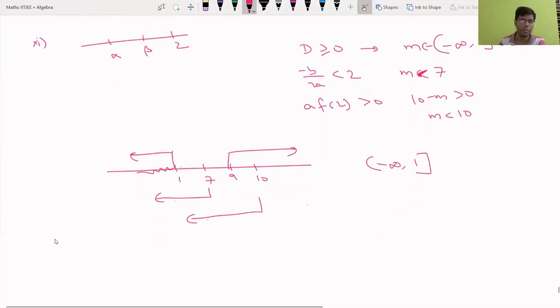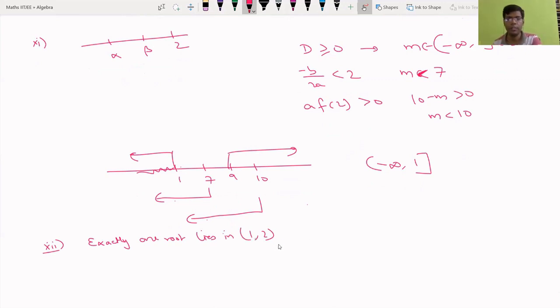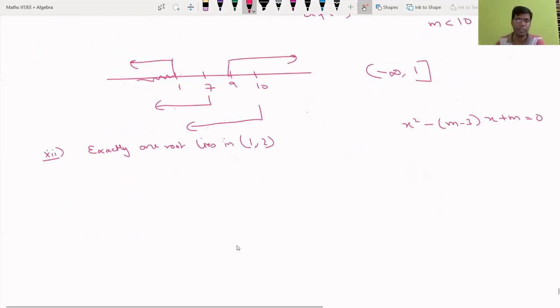The next bit, the 12th one, is exactly 1 root lies in 1, 2. Okay, so the equation is x square minus 3x plus m is equal to 0. So this should have exactly 1 root lying in this particular interval.